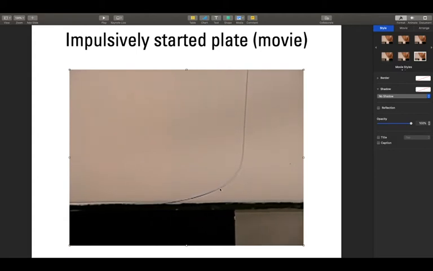And as you can see from the location of the dye, there is a certain lag between the time at which the plate starts to move and the time at which the fluid particles in the bulk over here feel the presence of this motion and then respond accordingly. So we are going to look into this case now.